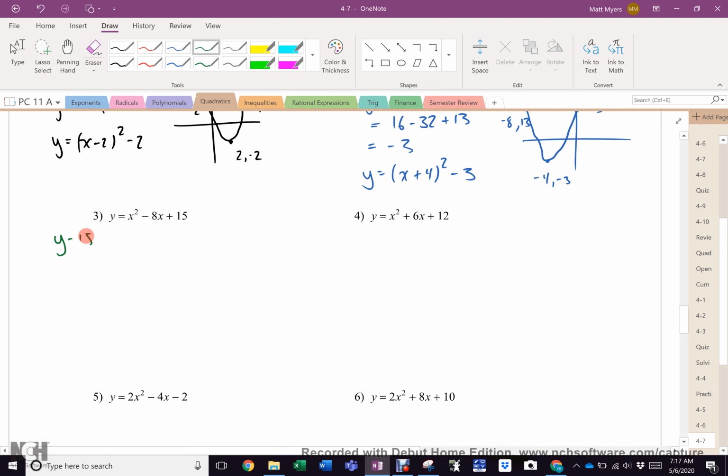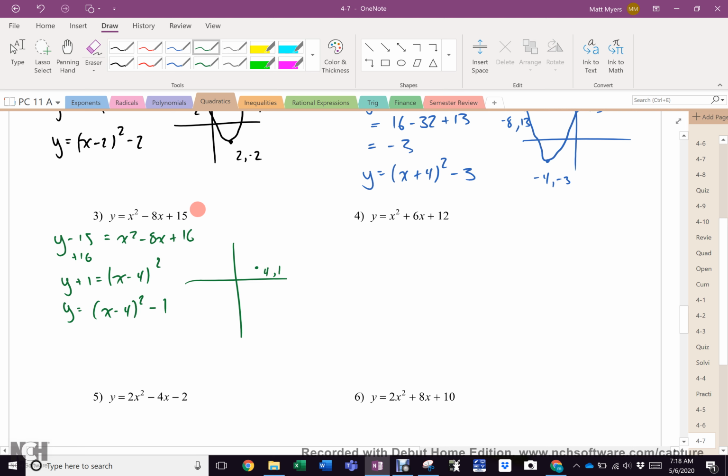Y minus 15 equals x squared minus 8x plus 16, plus 16, y plus 1 equals x minus 4 squared. Y equals x minus 4 squared minus 1. So my vertex is at 4, negative 1.